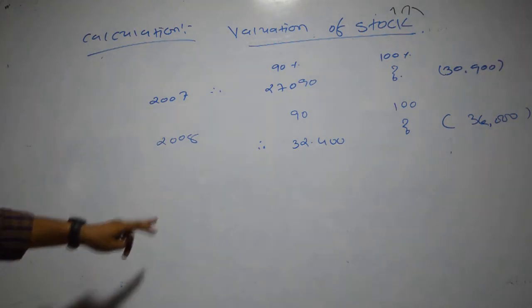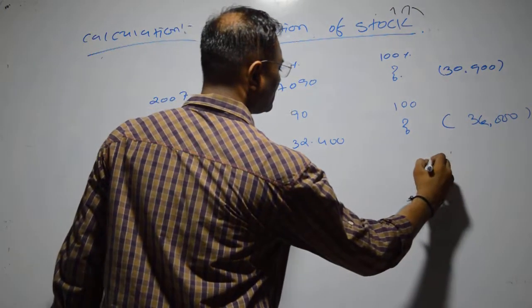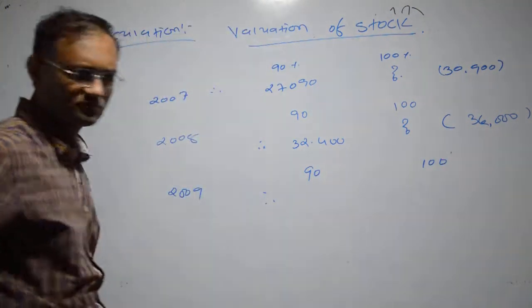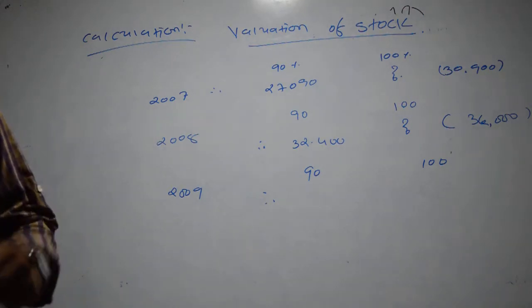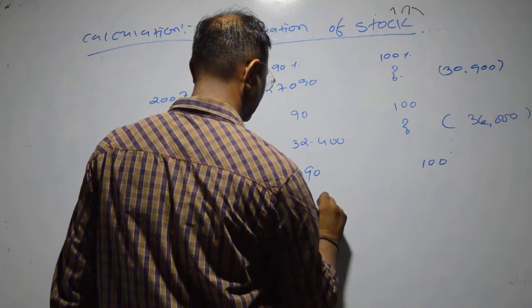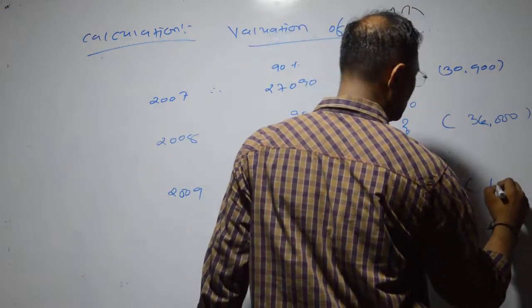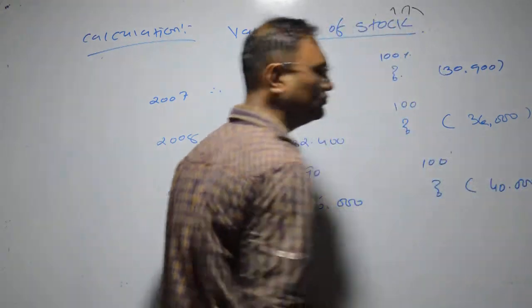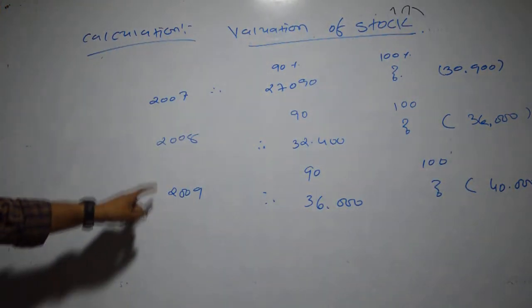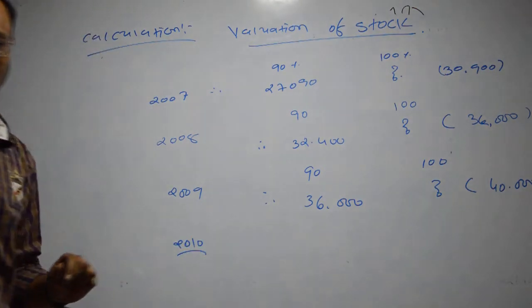Now 2009, 90 to 100: the opening stock is 36,000, and the price we get is 40,000. And last, 2010, the year the fire occurs.